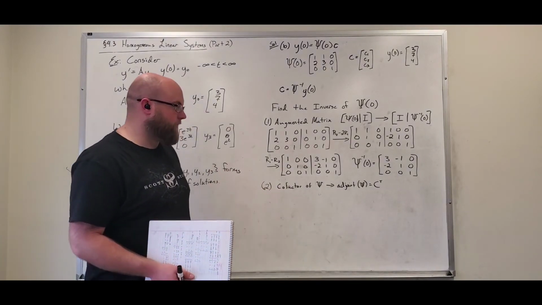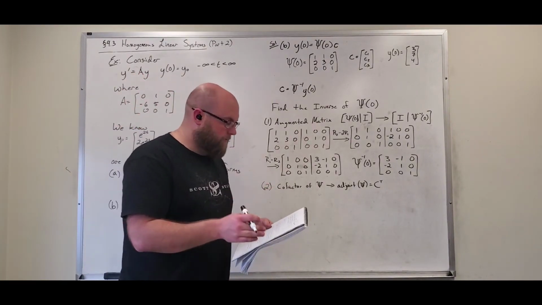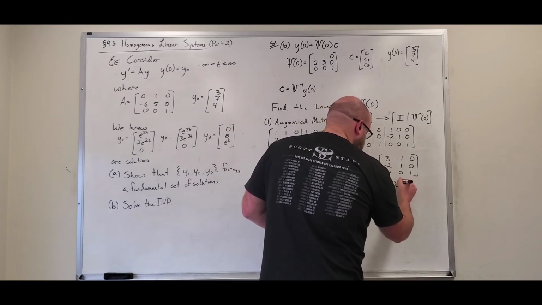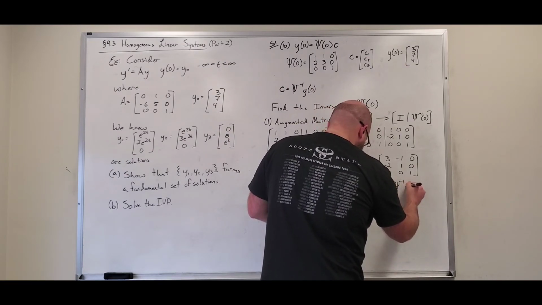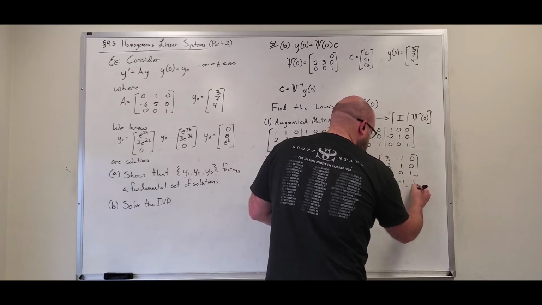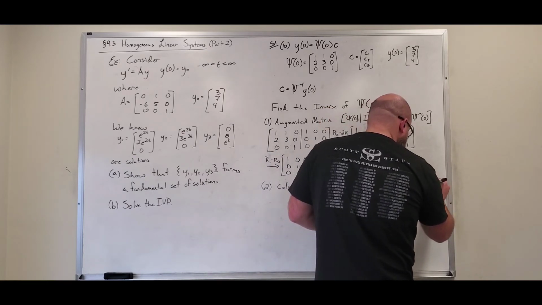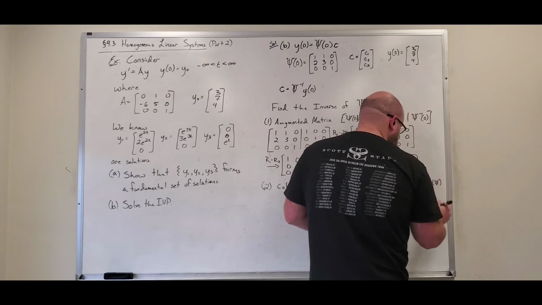I am going to go step by step. And then finally, the inverse of psi is equal to 1 over the determinant of psi times the adjoint of psi, or C transpose.